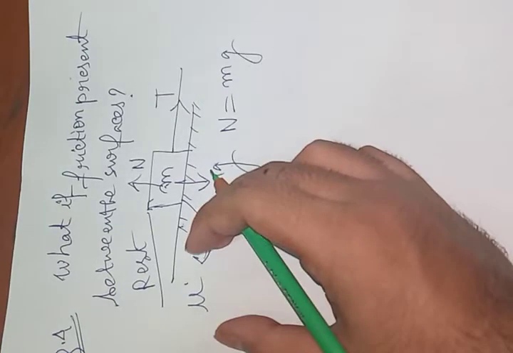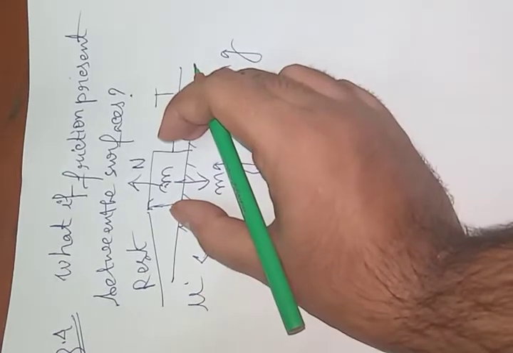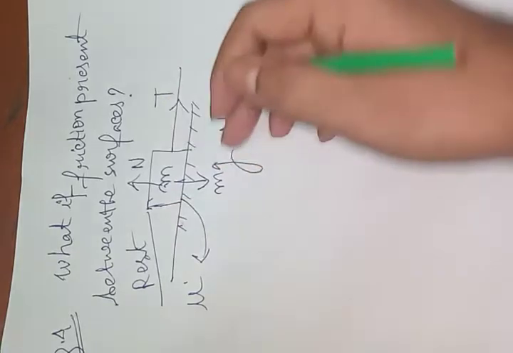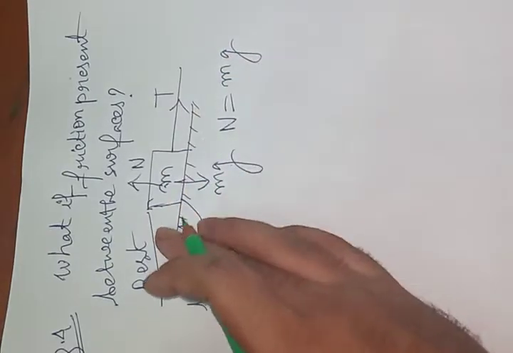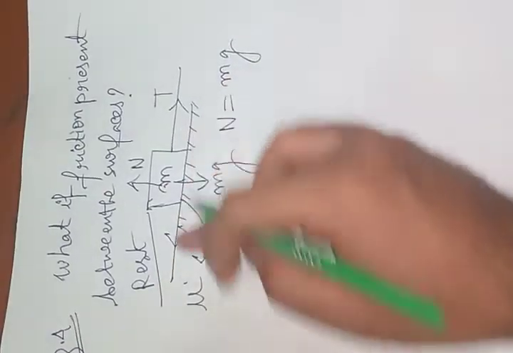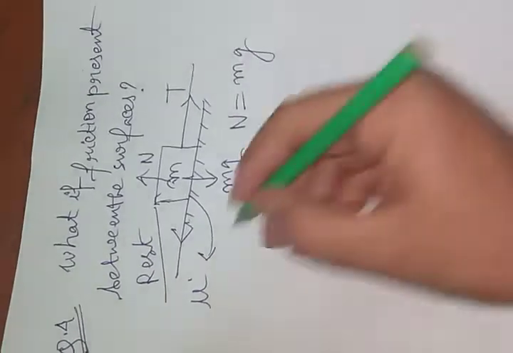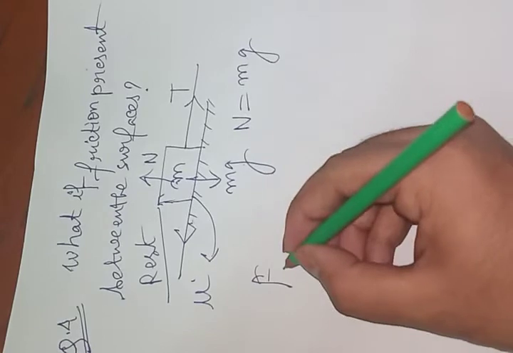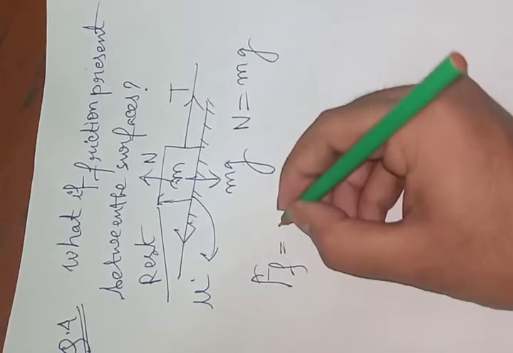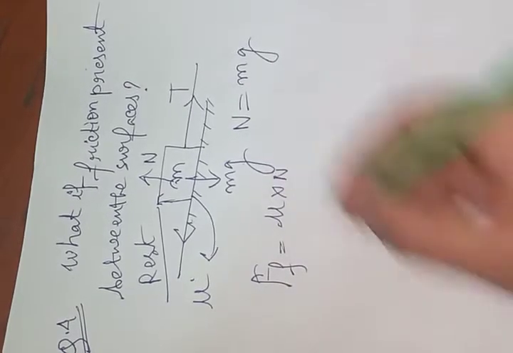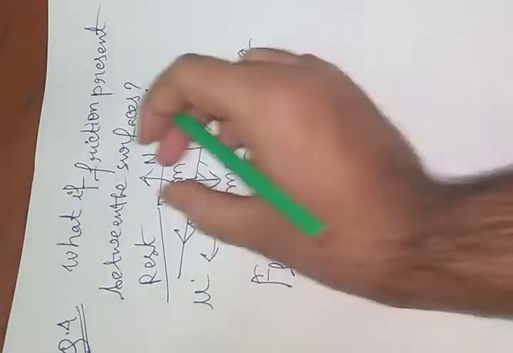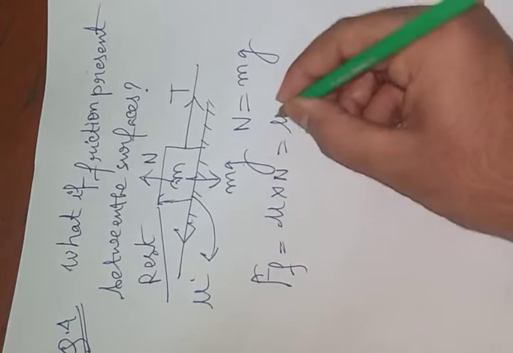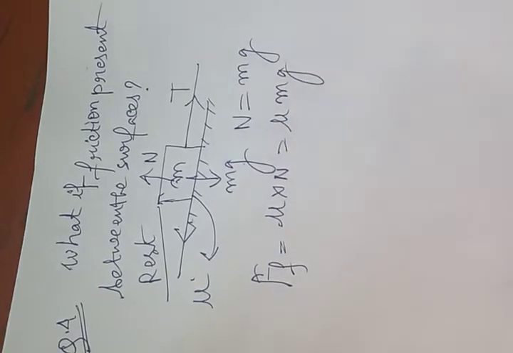Then what is the frictional force in this direction? The frictional force is mu times N, the coefficient of friction times the normal reaction. So it will be mu mg.